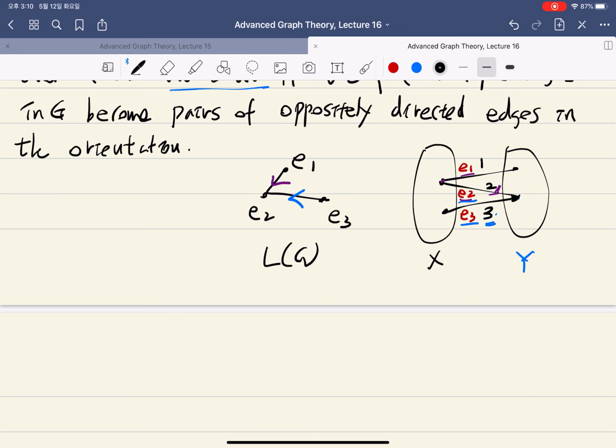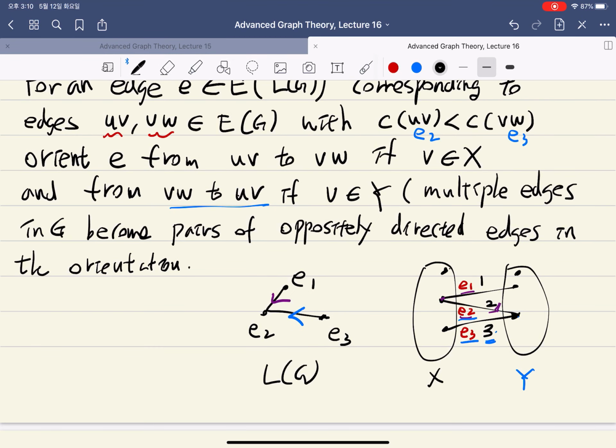Meaning is, if there is, say, E4 and E5, then no matter which one is bigger in the coloring, we get both of the orientations here.